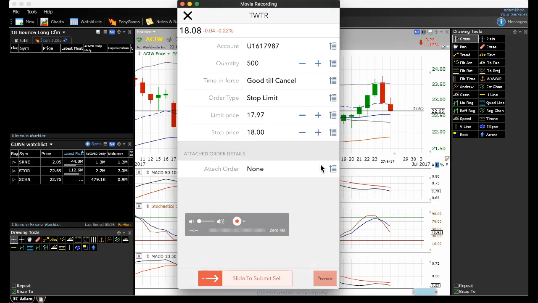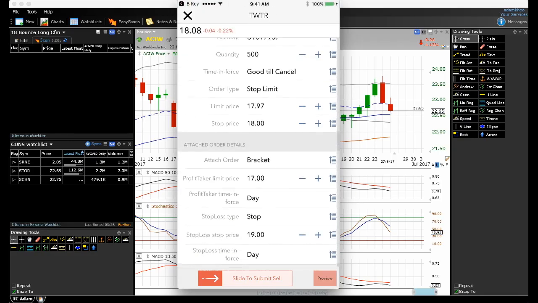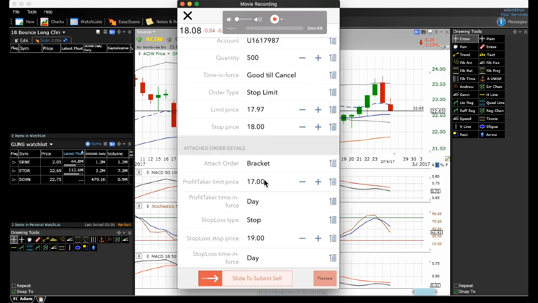That's my limit. Next, I attach a bracket order. I'm going to click on this, attach a bracket order, where I would have, again, my stop loss price and my take profit price. Okay, so I'm selling at $18.